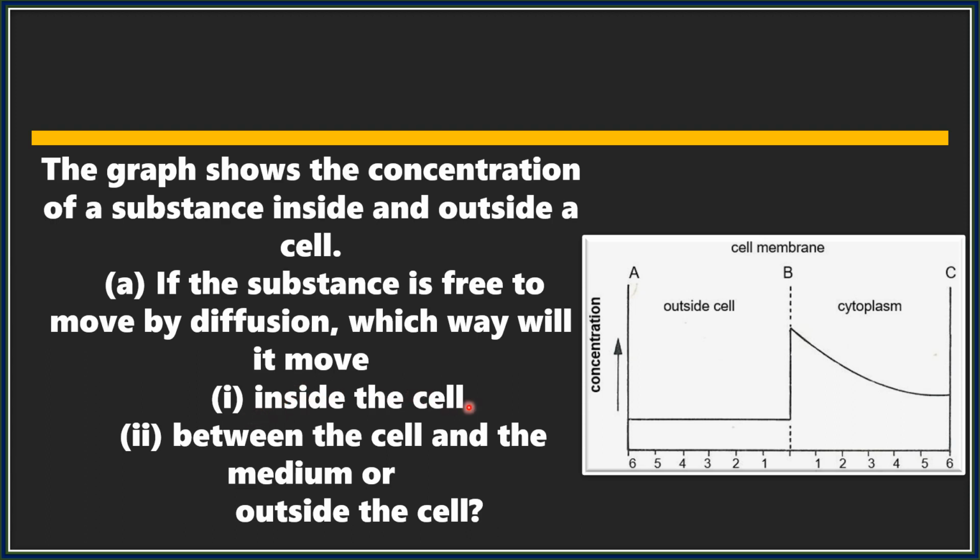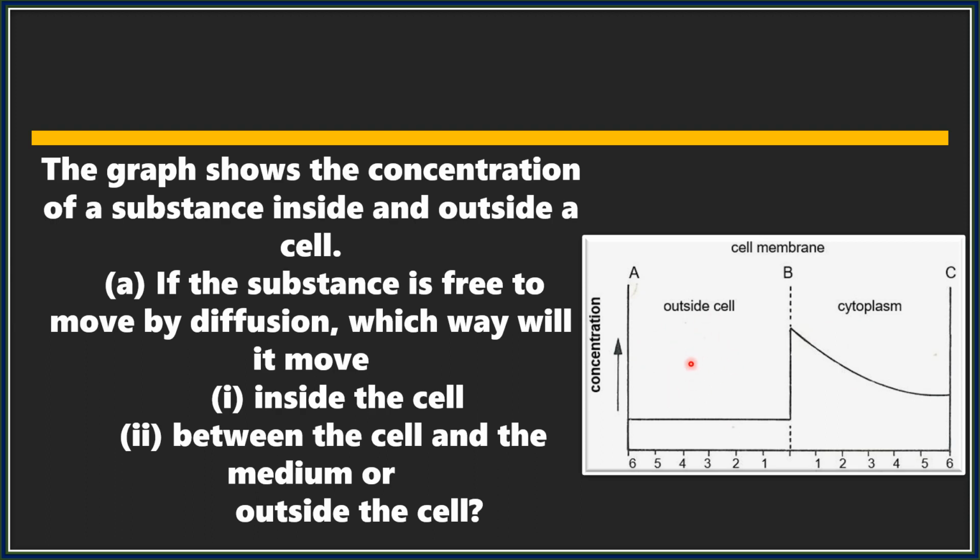Inside the cell. Roman number 2. Between the cell and the medium or outside the cell. So we are having a graph here which shows the concentration of substances inside the cell and outside the cell.